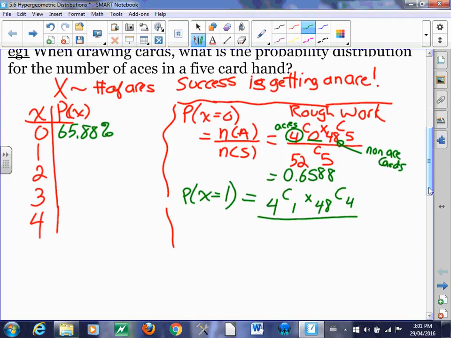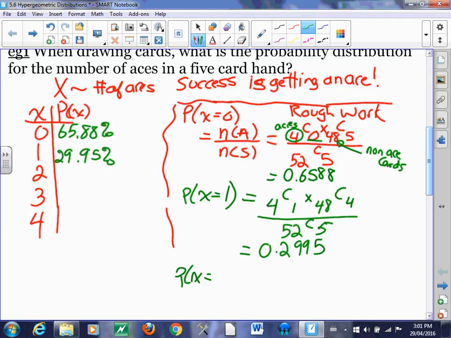Okay, and that's over 52, choose 5. Okay, plug that in your calculator, and you're going to get 0.2995, which means 29.95%. Okay, let's take a look at doing the next one.